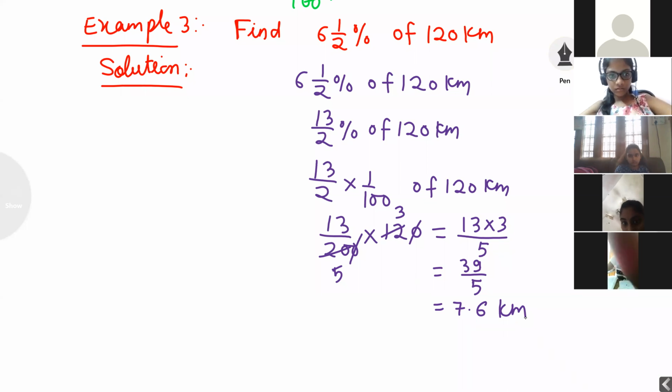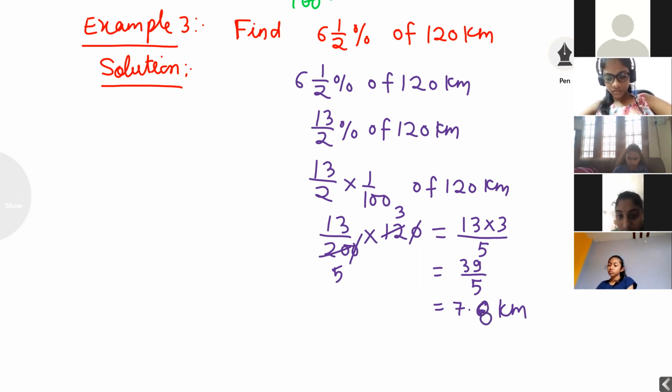Correction: 5 7s are 35, not; 3 remaining. 35 plus 3, 38 will come, 40 will come here. 5 8s are 40. So the answer is 7.8 kilometer.